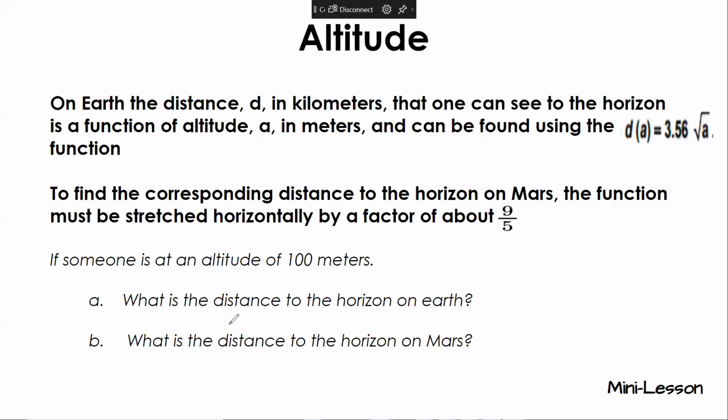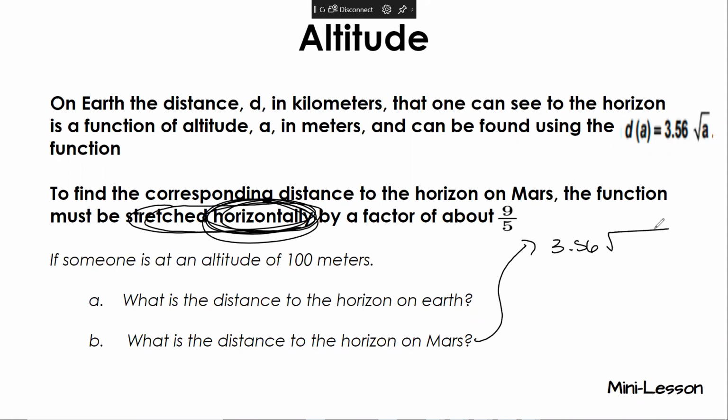So they said that what is the distance to the horizon on Mars? We're going to take this function, but they said that it's stretched horizontally, okay? This direction is really important. Horizontally means that we're going to impact what's inside the radical. So we're going to write the function for Mars as 3.56 square root.